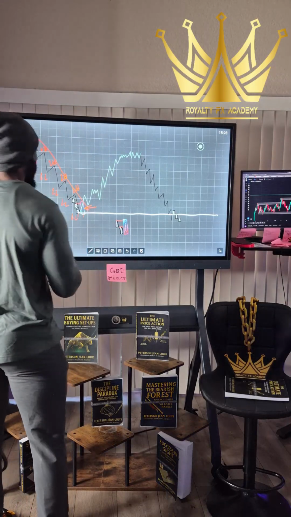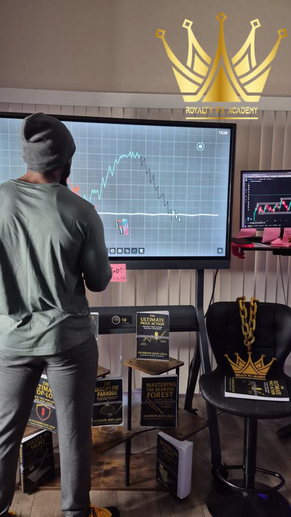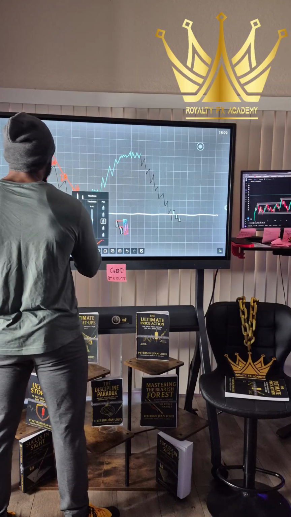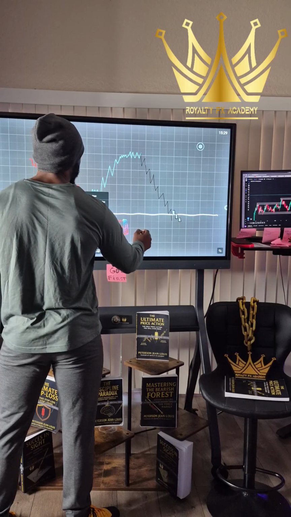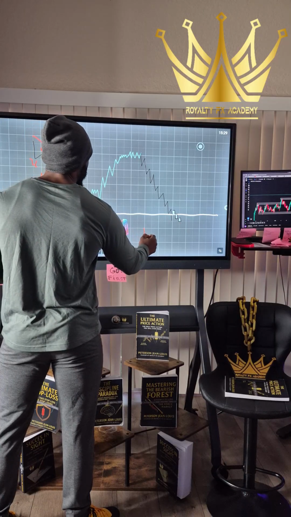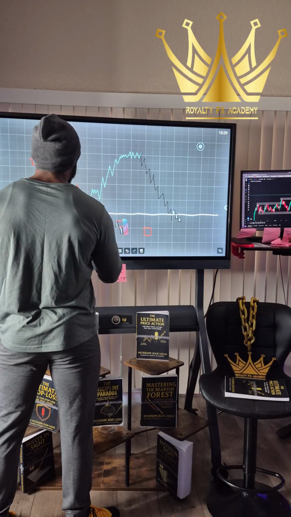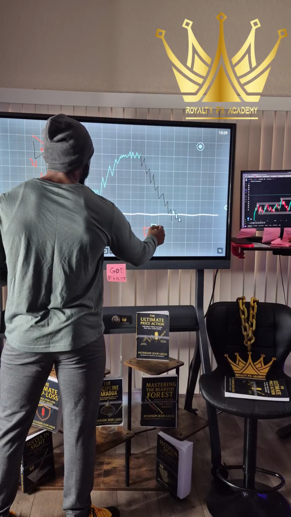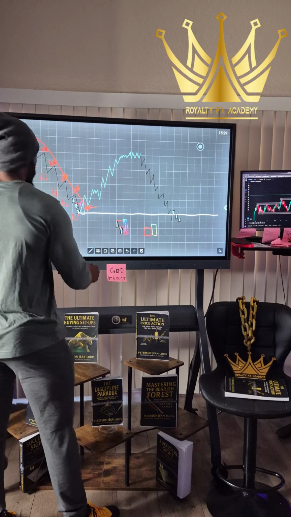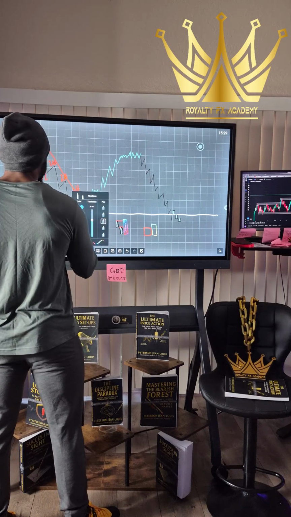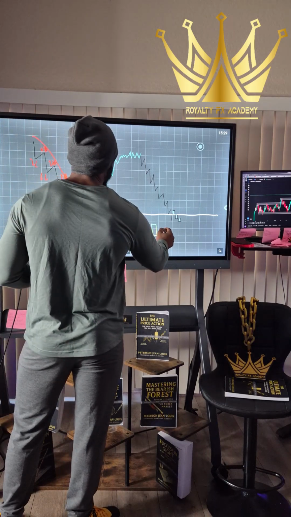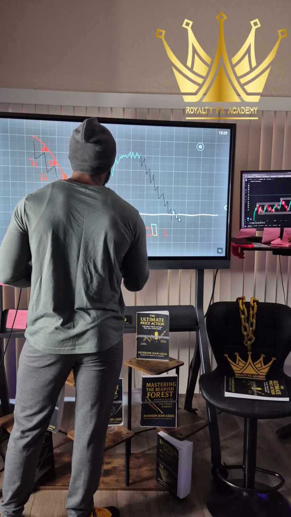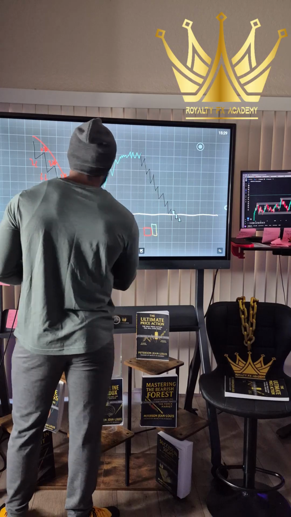So you either had the one candle, or let's throw that in there real quick. You either had the one candle, okay? It took one candle to engulf, or you had the two candle. Let's move this a little bit.